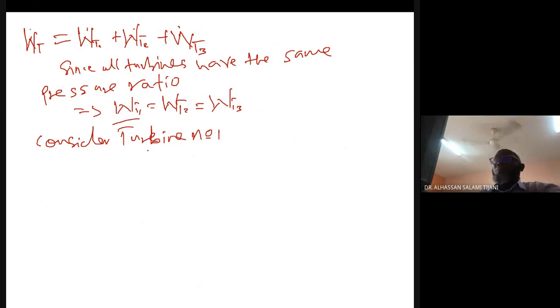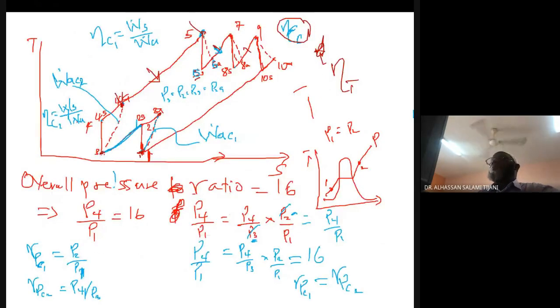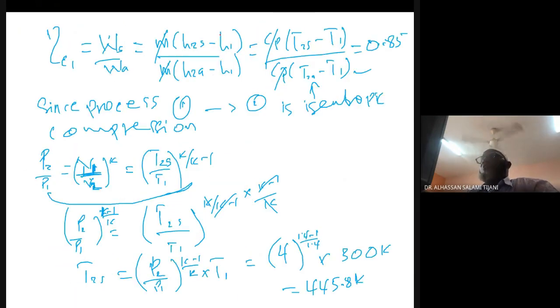Turbine number 1, which is given by this. See? So this is the expansion from state 5 up to state 6. Okay, so state 5 up to state 6. But be careful over here.